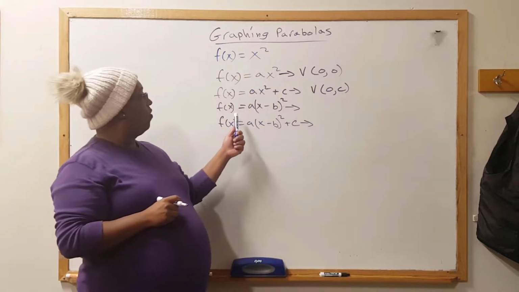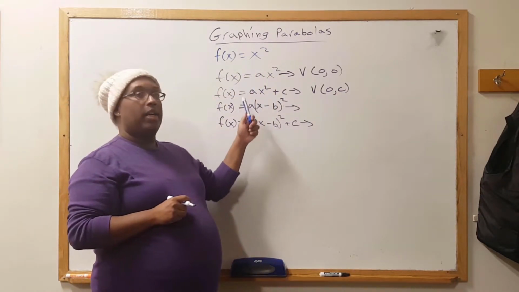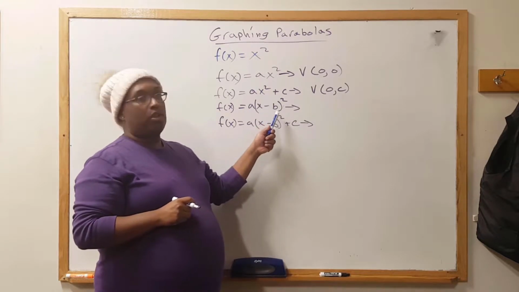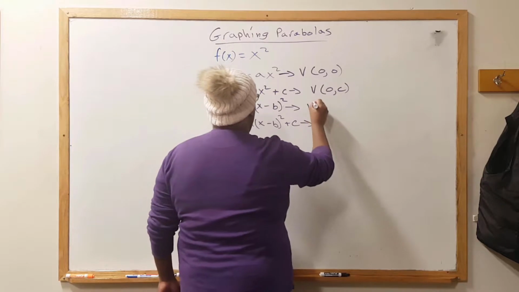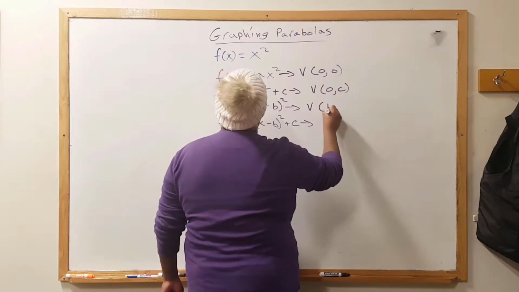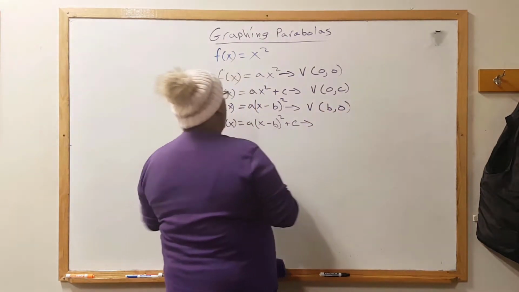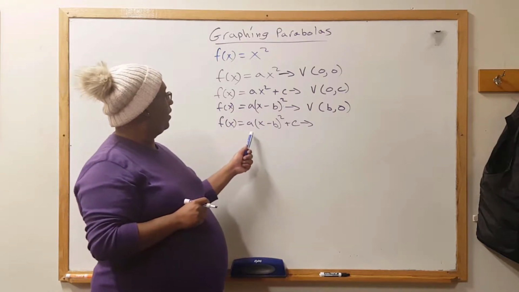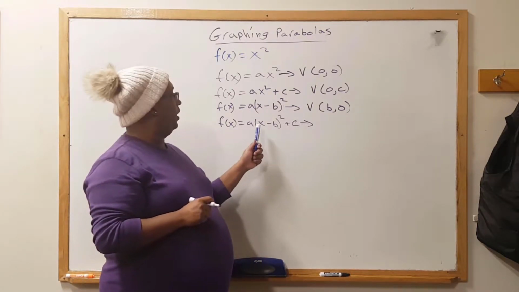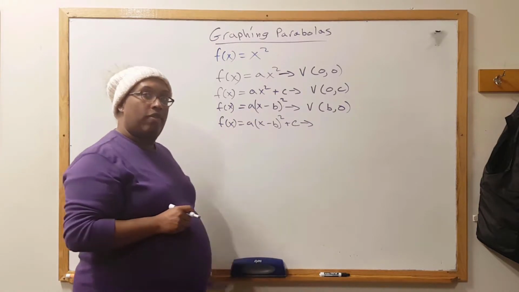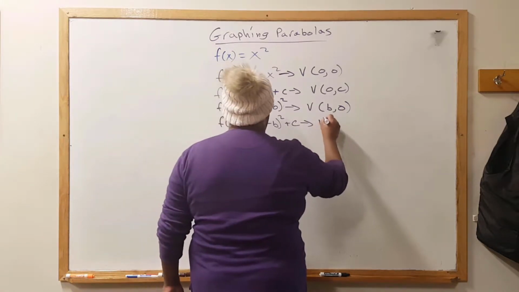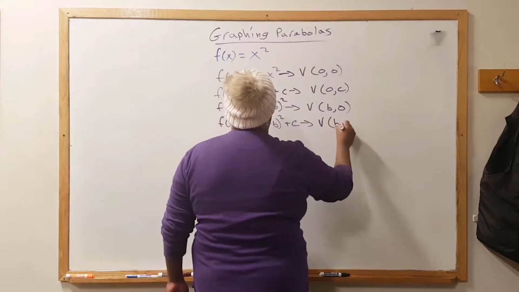If we have the form f of x equals a times the quantity of x minus b quantity squared, then we know the vertex will be b, 0. And if we have the form f of x equals a times the quantity x minus b quantity squared plus c, we know the vertex will be b, c.